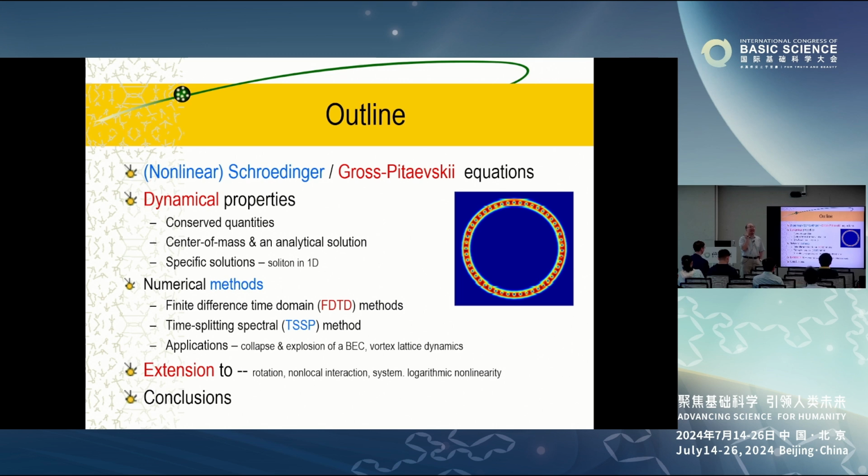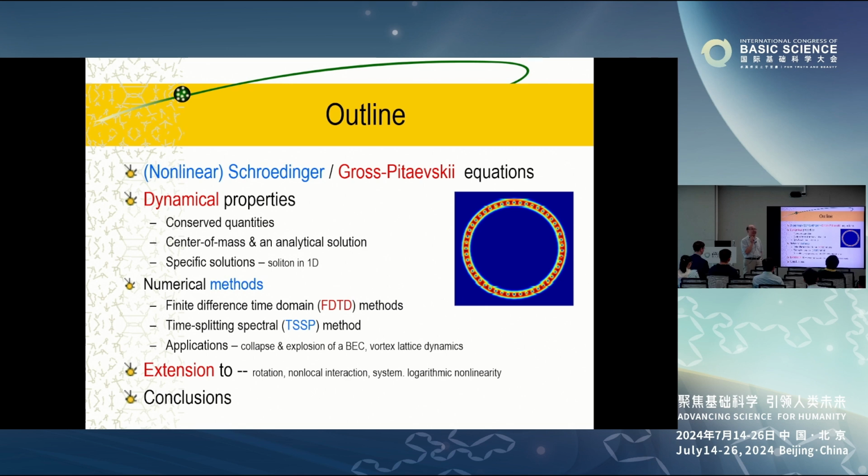Okay, a brief outline. I'll begin with the nonlinear Schrödinger equation, or in a special case called the Gross-Pitaevskii equation. Some dynamical properties, including conserved quantities, center of mass dynamics, and in a special case for the nonlinear problem, there's an analytical solution. Then I'll talk about some numerical methods.